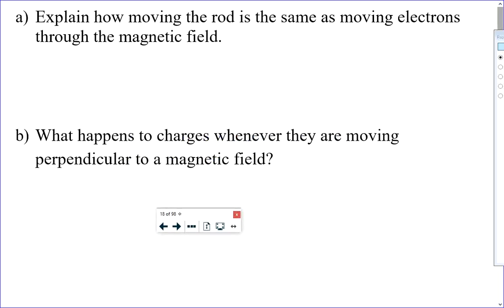The first question says, how is it that when I'm moving the rod through the field, I'm moving electrons through the field? And it's kind of a weird question. I'm pulling the rod through the field. Why is it that that is the same as pulling electrons through the field?